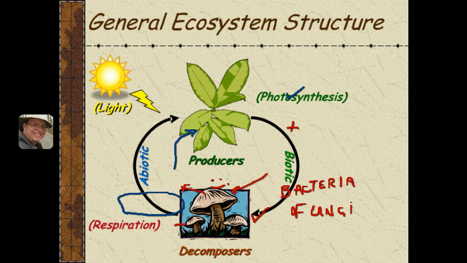We put it together with photosynthesis, we take it apart with respiration, and it is the job of the decomposers. Okay, so we have the plants, they're taken care of up here in the producers. We have bacteria and fungi down here, and they've taken care of things, putting stuff back. They've put the material back into the abiotic part of the system.